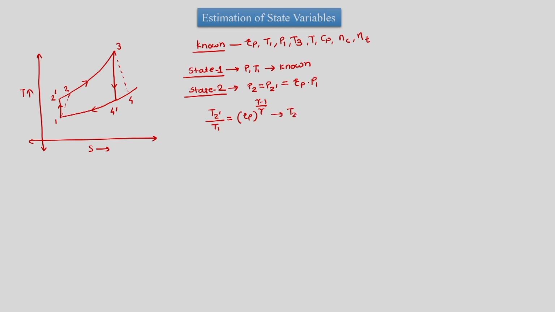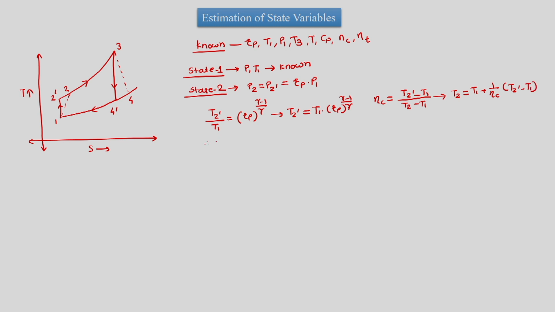So this gives, for the ideal case, T2 dash equal to T1 into Rp raised to gamma minus 1 upon gamma, and we have seen that compressor efficiency is basically ideal work input divided by actual work input, and the formula was T2 dash minus T1 divided by T2 minus T1. Knowing this formula, we can write T2 is equal to T1 plus 1 upon compressor efficiency into T2 dash minus T1.